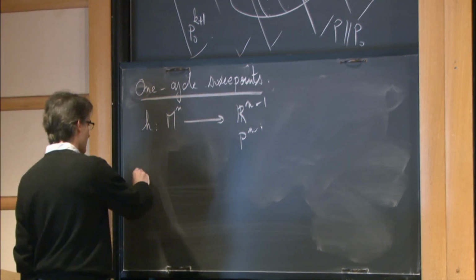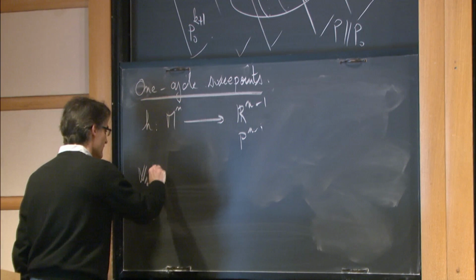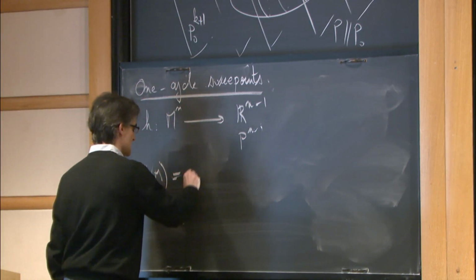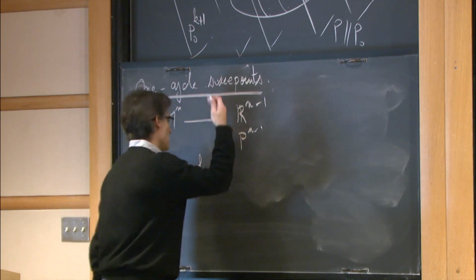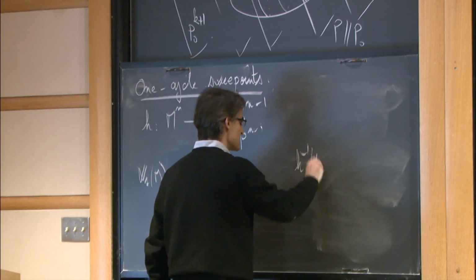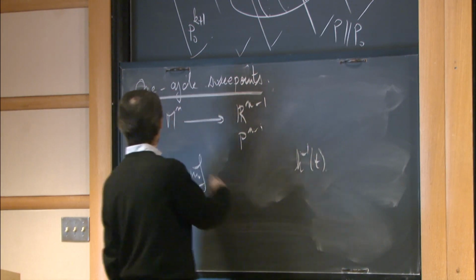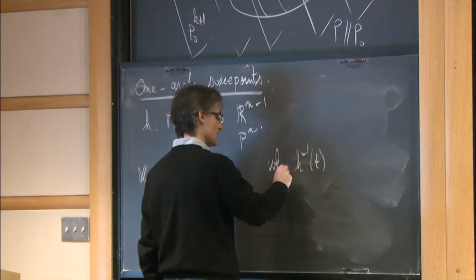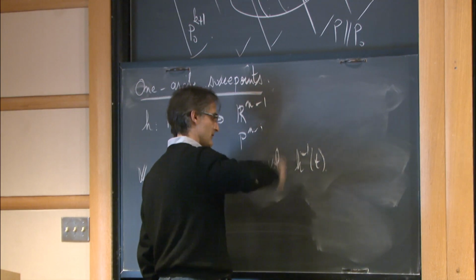And then we can define the width as before. I mean, really, what you do is you look at the pre-image, and the H, then you take the volume of this level set.